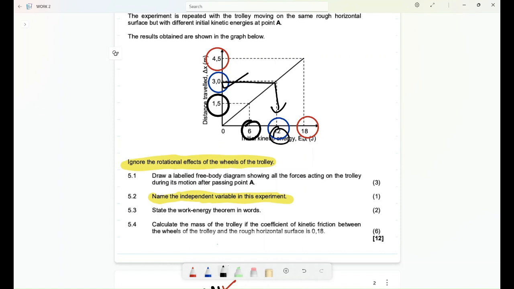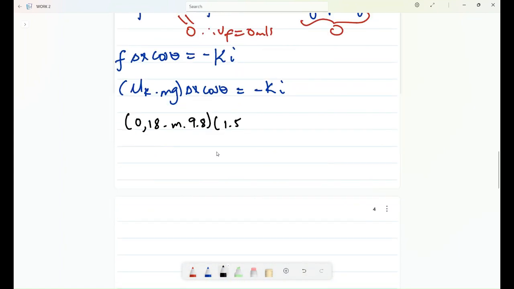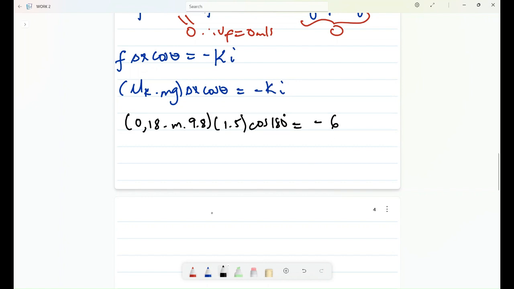Let me grab my calculator. If I use 1.5 as my change in x, I'm going to use 6 as my kinetic energy. So if I'm using 1.5 as my change in x, cosine of 180. Remember I said friction is always 180. It is equal to negative kinetic energy, which is 6.